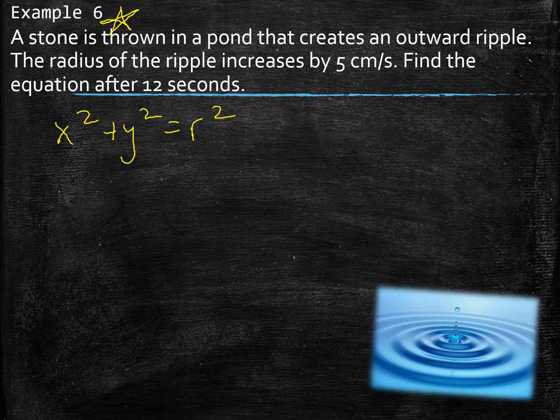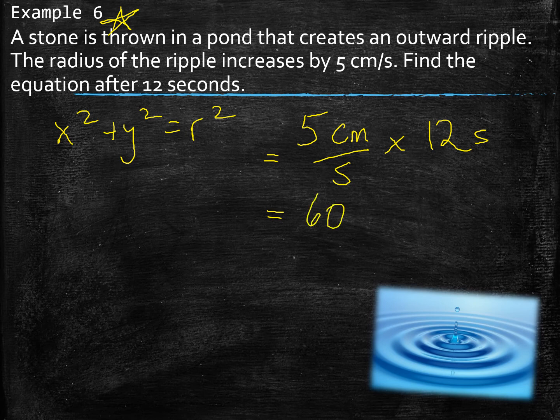Now, the radius of the ripple increases by 5 centimeters per second, and we want to know the equation after 12 seconds. If we take 5 centimeters per second and multiply that by the amount of time, it's kind of like speed times time gives us distance. So 5 centimeters per second times 12 seconds is 60 centimeters.